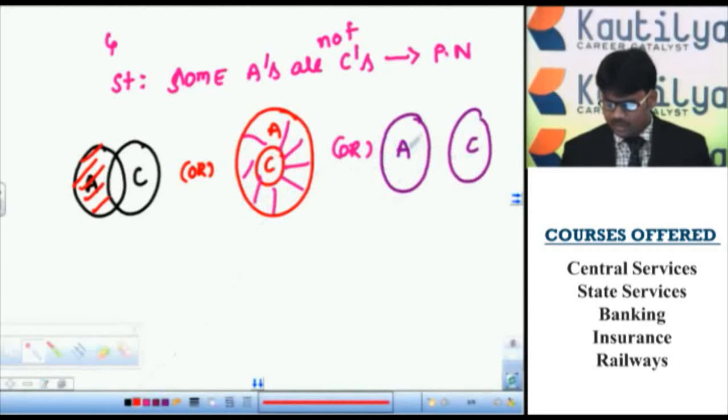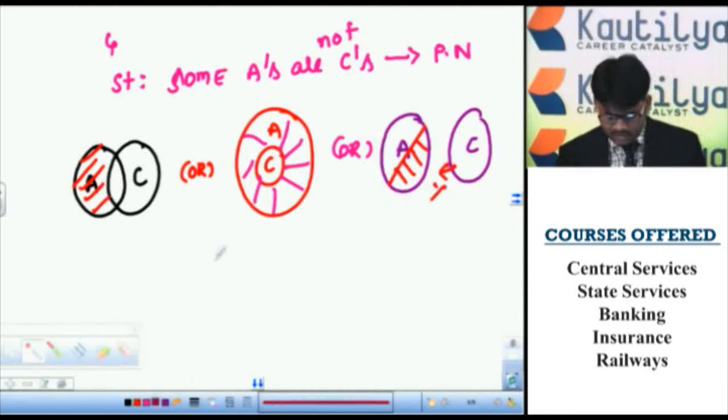In that one also we want some A's not belonging to C's. Then we have to represent the relationship of the conclusions here. We have to check the all conclusion, some conclusion, and some not conclusion from the given statement.